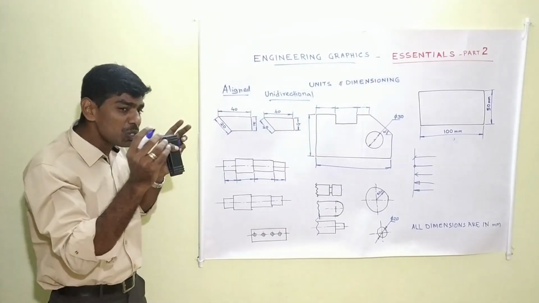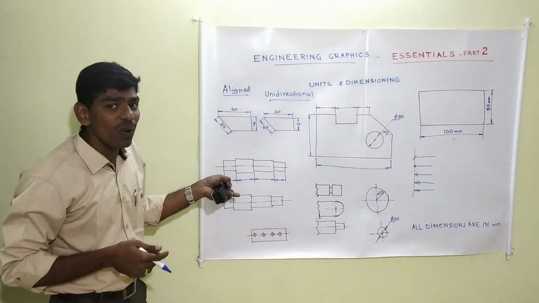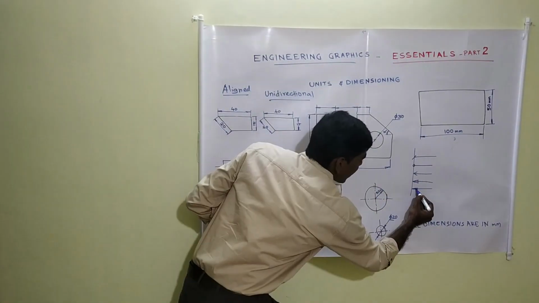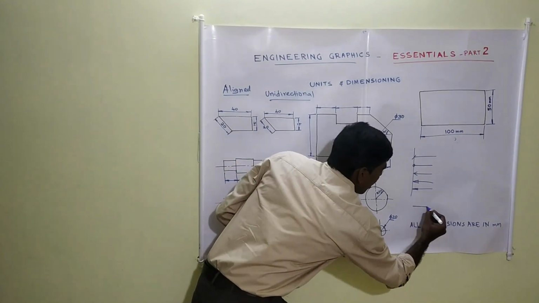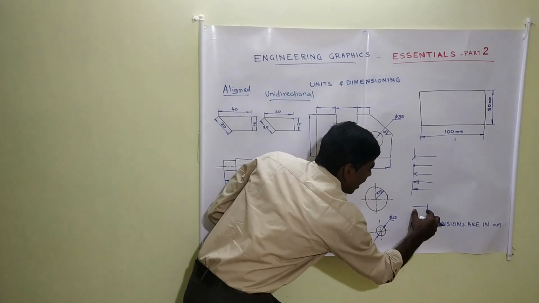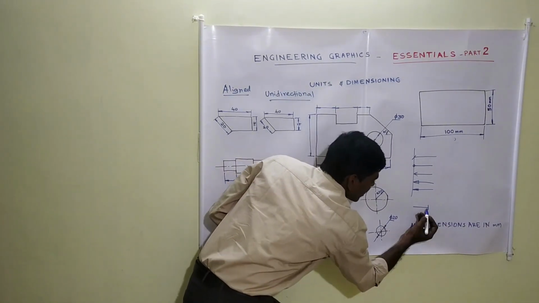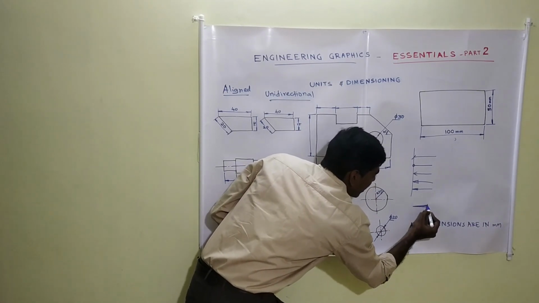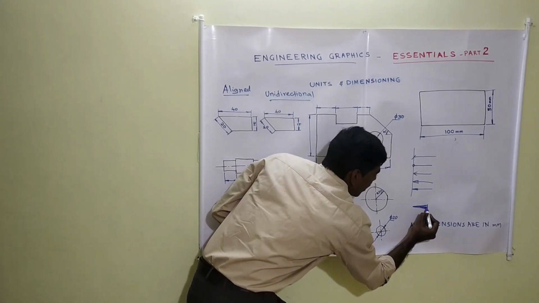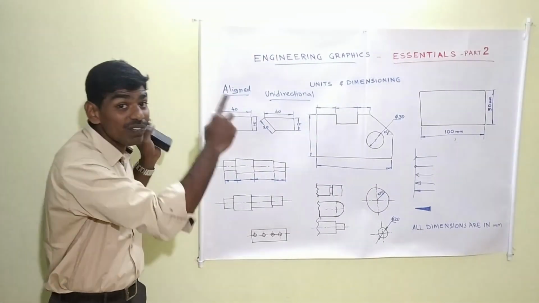Okay, choose the appropriate size for the diagram. For example, what I follow for this arrowhead is 3:1. This head length to be 3 units and this to be 1 unit. Then I just connect it like this. Then I fill it. The shape of the arrowhead will be in this fashion. But the size varies according to the size of the diagram.